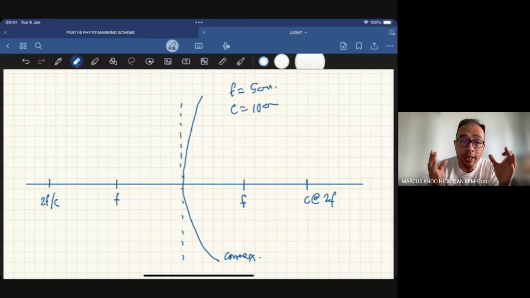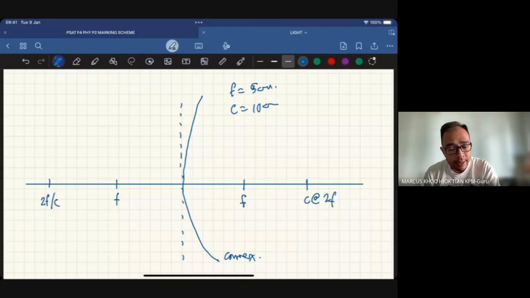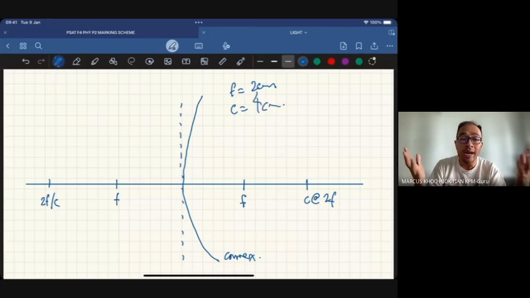If you want to draw smaller, let's say I'm already a pro but I want to practice small ones, set your F as 2 cm, and then your C will be 4 cm. Then you get a very tiny drawing, as long as you got the idea, just to practice the drawing.